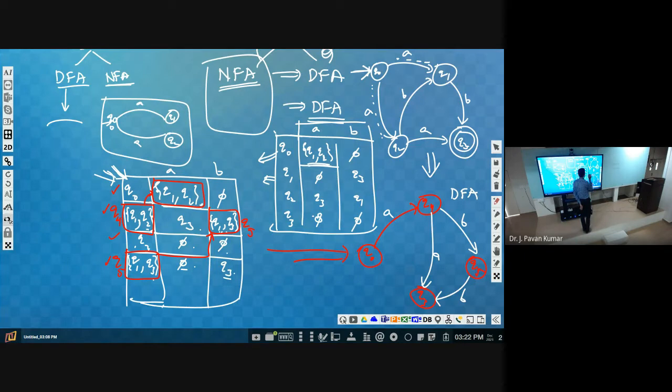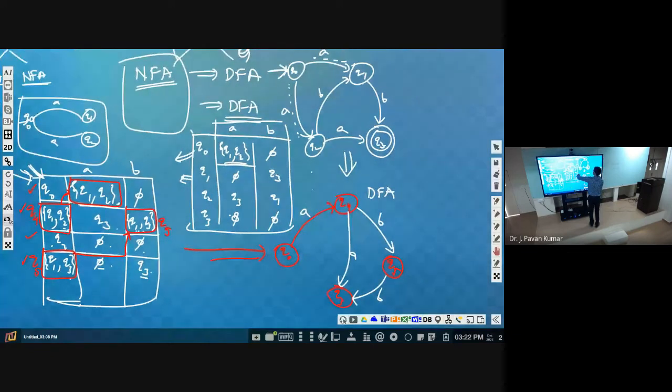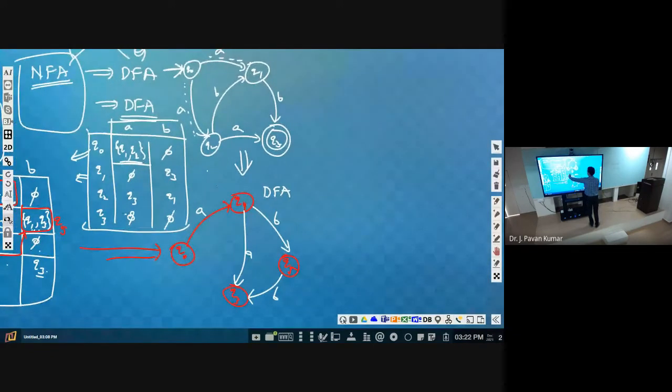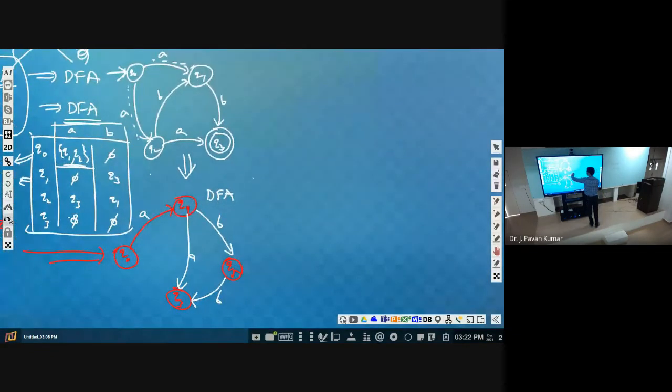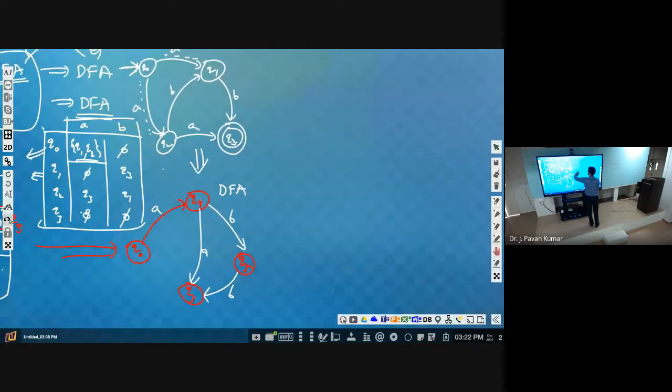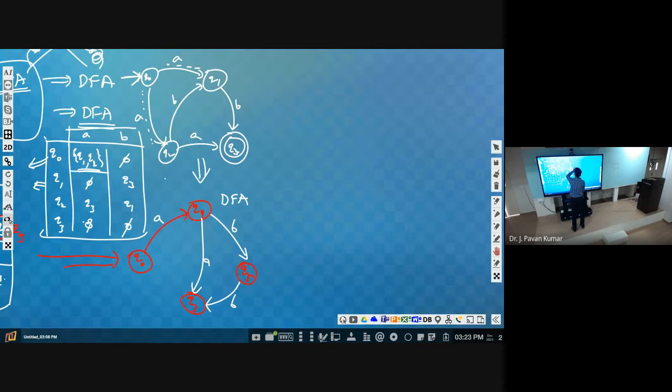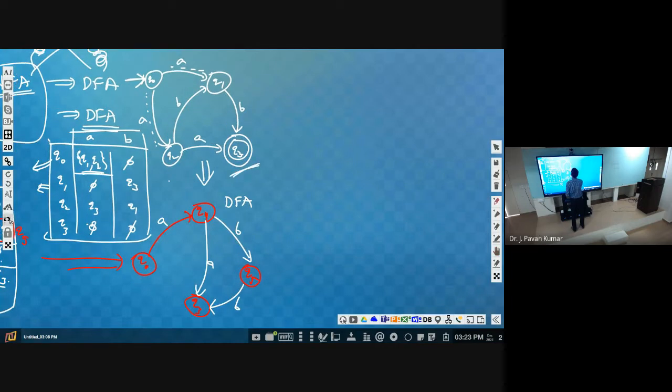Now, try to identify whether these two are equivalent or not. How can we identify? Just try to give some input strings. What are the strings that can be accepted by this NFA? Tell some strings. A will be accepted.